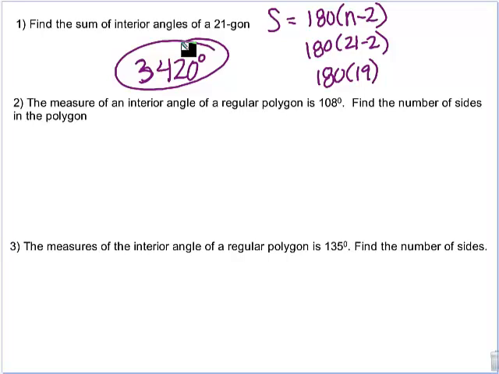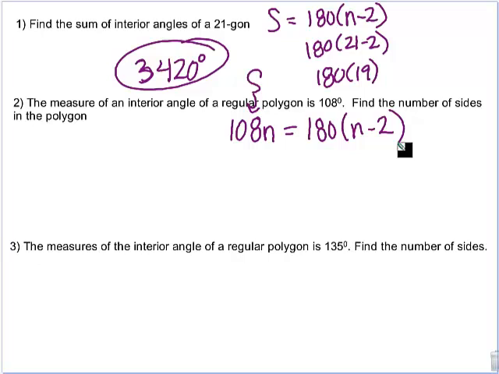If each angle is 108 degrees and we have n sides, what would be the total sum? 108 and 108. Good. So the sum here would be 108 degrees times n. That would be our sum. So we'd make that equal to 180 times n minus 2. And now, can we get our n alone? Yes, and that would be our number of sides.